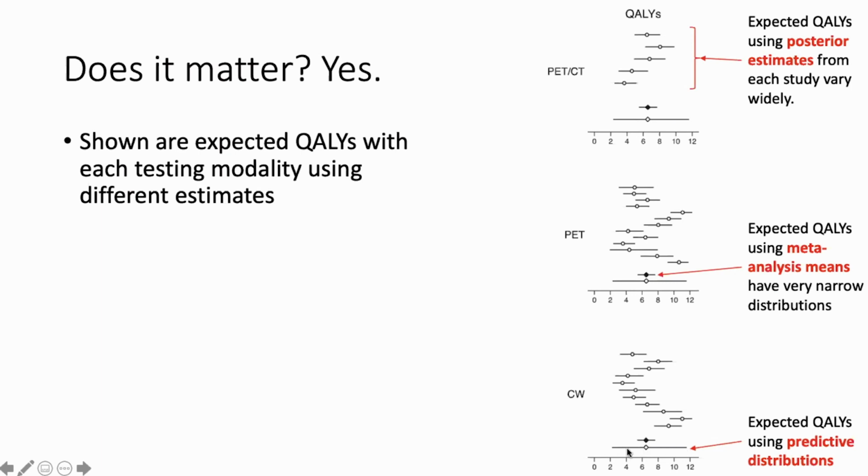That would be this white diamond and these longer, wider intervals. And depending on what the actual framing of the decisional problem is, you would pick something that is an empty symbol and not the filled symbol, which means either an existing study or a predictive distribution from the meta-analysis.